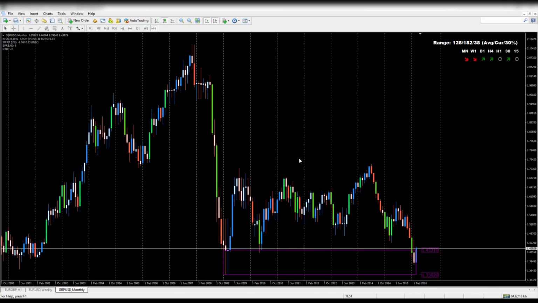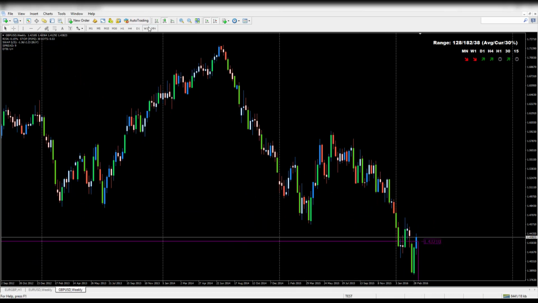Because this is such a huge area, we'll drill down on the smaller time frames and have a closer look. Ultimately, we want to see what it is that price is reacting on. There's no detail here, so we'll have to zoom in a little bit on the smaller time frames and see what's going on.